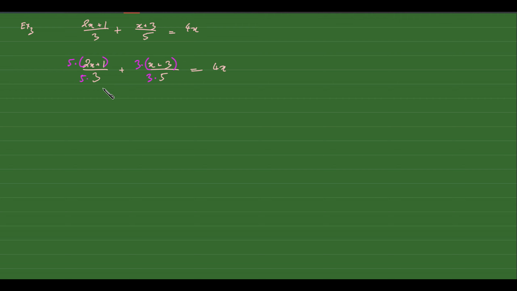You see that when you do so, the denominator equals 15. So you have 5 times 2x plus 1, over 15, plus 3 times x plus 3, over 15, equals 4x. Now you see that this is the same denominator already, so you can combine them as one fraction. Some students are really good and they start distributing, that's fine.